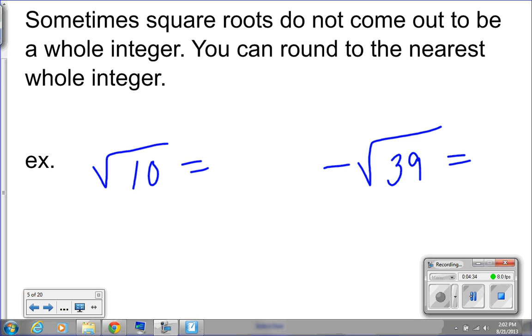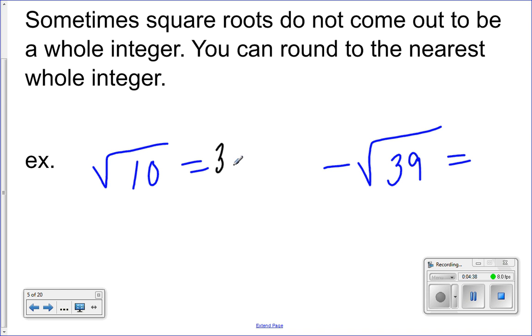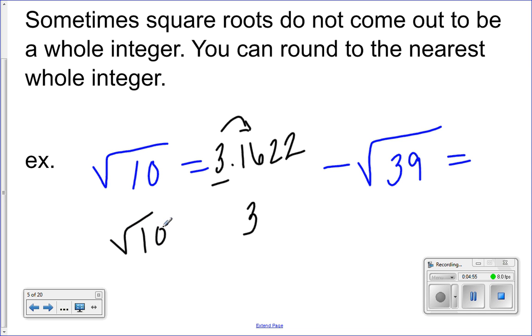You should have gotten 3.162. Do we know rounded to the nearest whole? Look next door, 5 or greater, add 1 more, if not, it stays the same. So the square root of 10 is about 3.